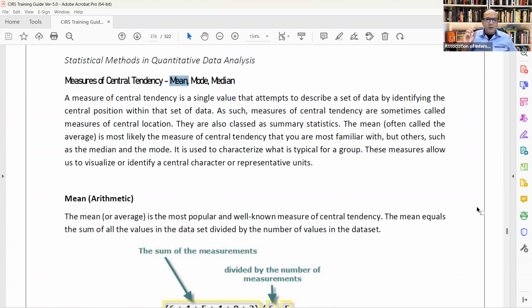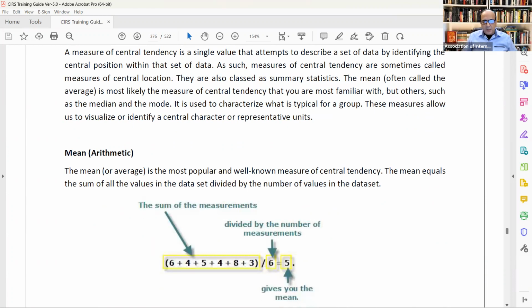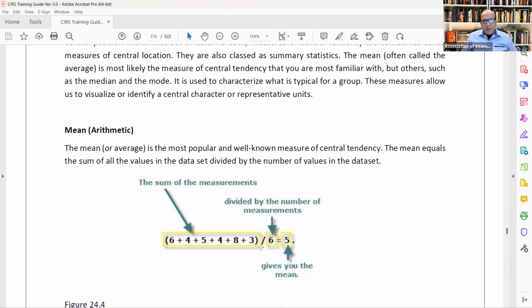All of these measures of the results can be put together, added together, and divided by the number of those individual numbers. So if 6, 4, 5, 4, 8 plus 3, you add all of these and divide by the number of these numbers. So you get the average figure of 5.